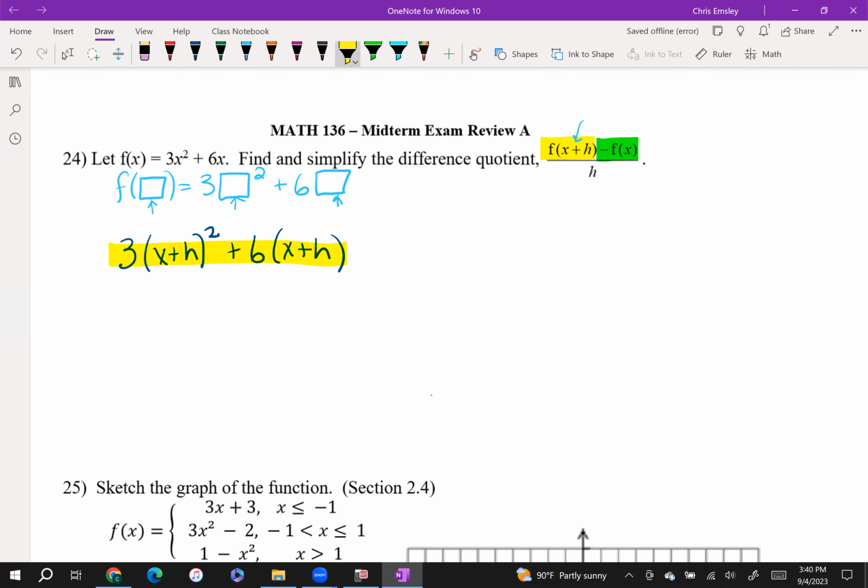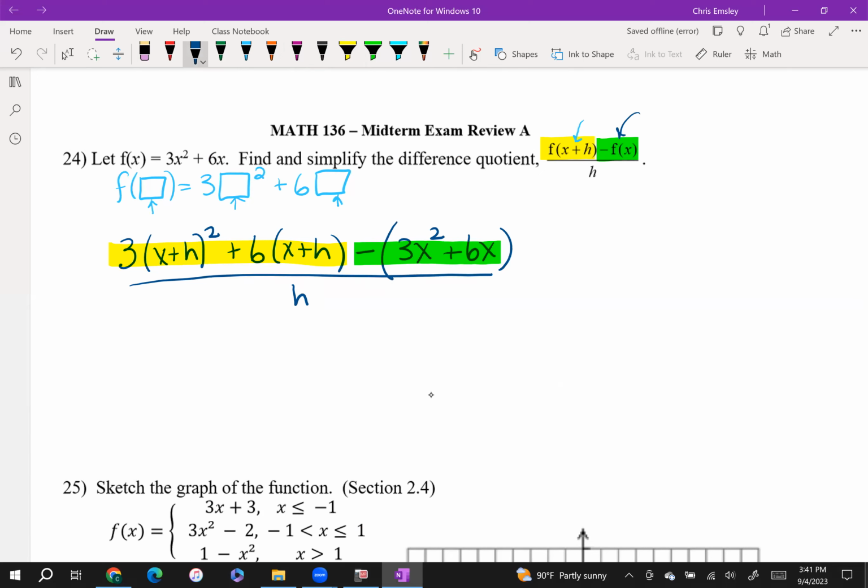Then I'm going to subtract from that f of x, which is just the function with no inputs changed. Just write the function exactly as you see it in the function definition. So there is the next part that came from this part of our difference quotient. Then we take that whole thing and we're going to divide it by h.